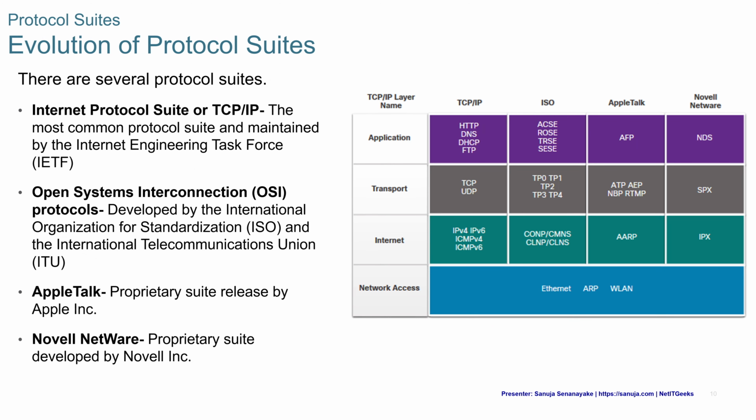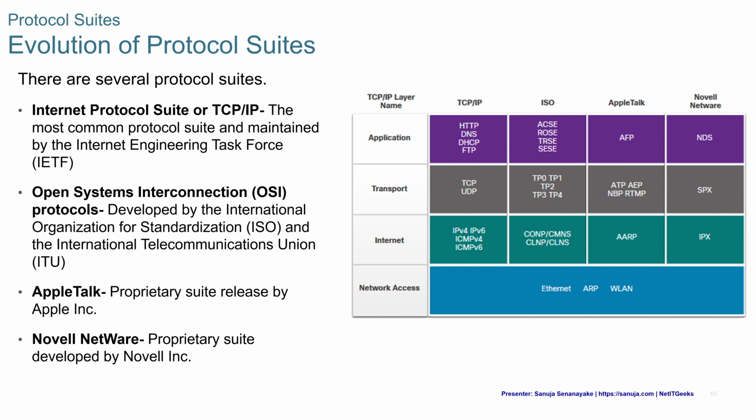Evolution of protocol suites. There are several protocol suites. Those include the Internet Protocol Suite, or TCP/IP, which is commonly utilized by the Windows operating systems as their primary base for defining network communication, which is the most common protocol suite and is maintained by the Internet Engineering Task Force, also known as IETF.